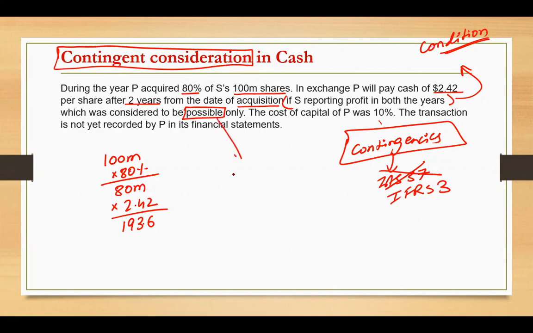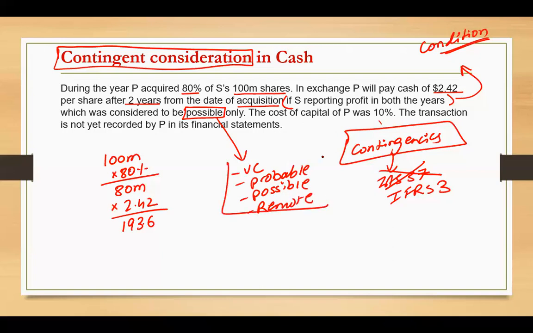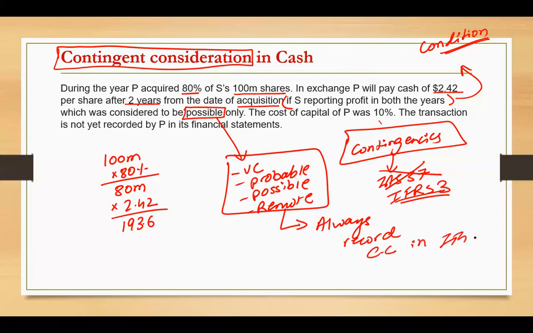Now, even if it's virtually certain, probable, possible, or remote, in all these cases, we will always record the contingent consideration in case of IFRS 3. So when it comes to business combination, we are going to record this in every case.